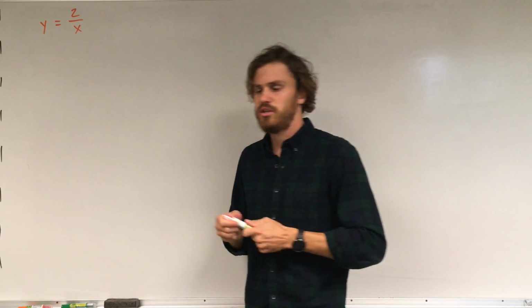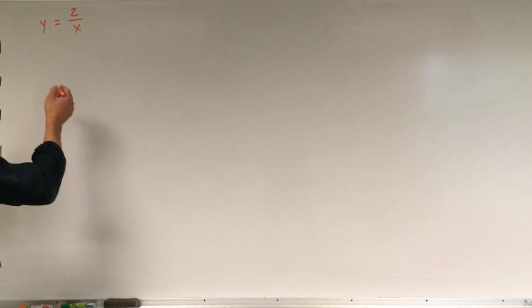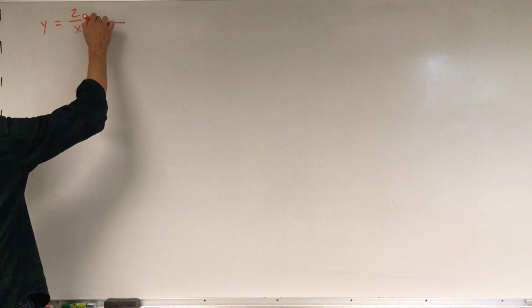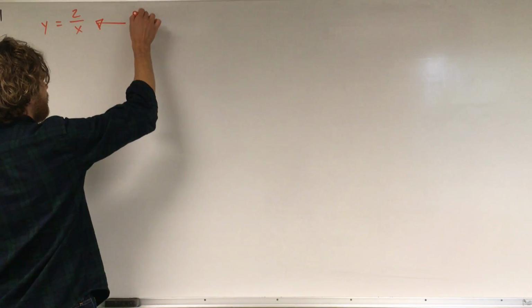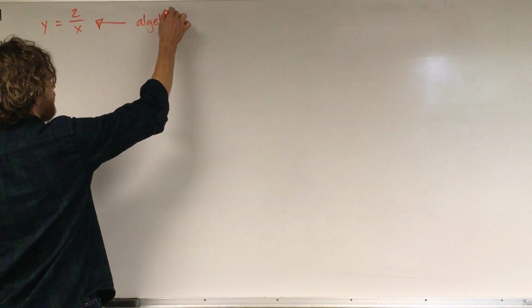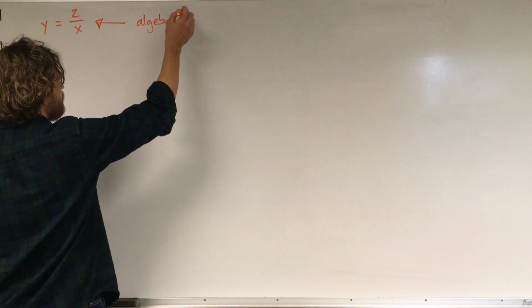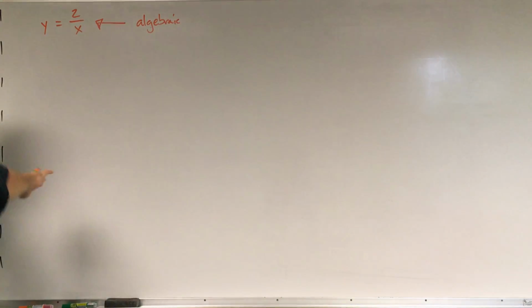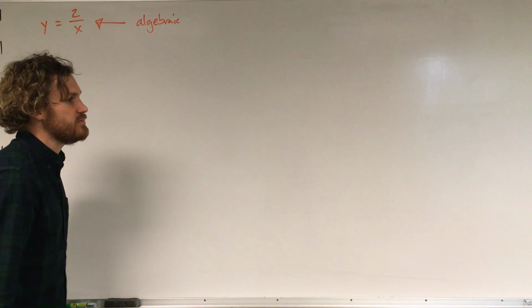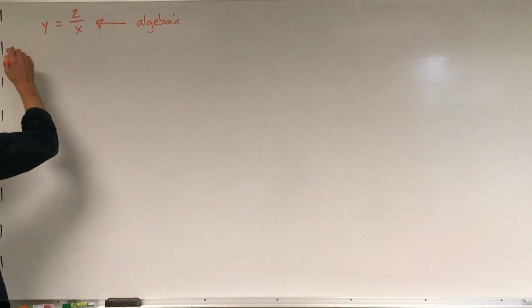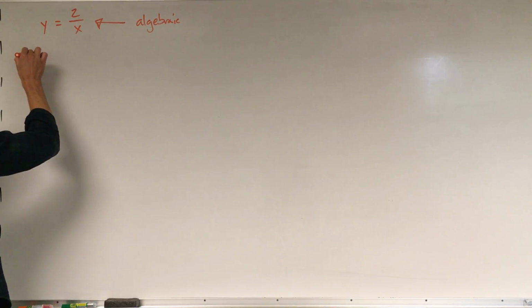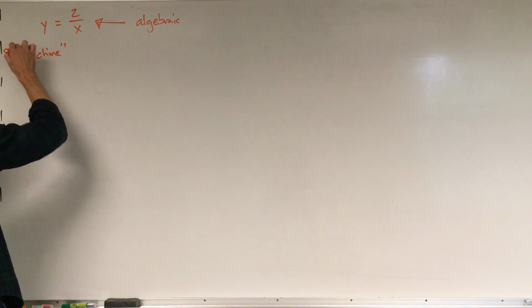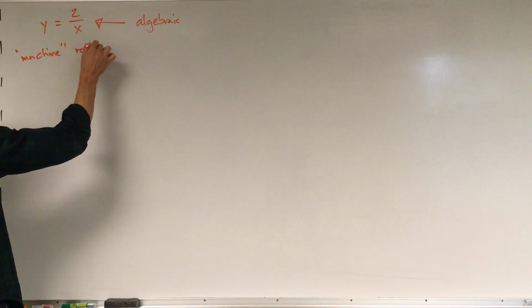So y equals 2 over x. One thing I just want to show you initially is that it's good to think about functions. So here's representation number 1. Algebraic representation. It's good to think about functions in terms of them being a machine. So this is the machine representation.